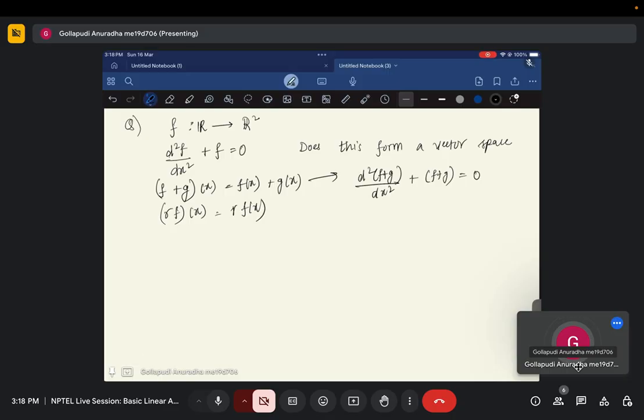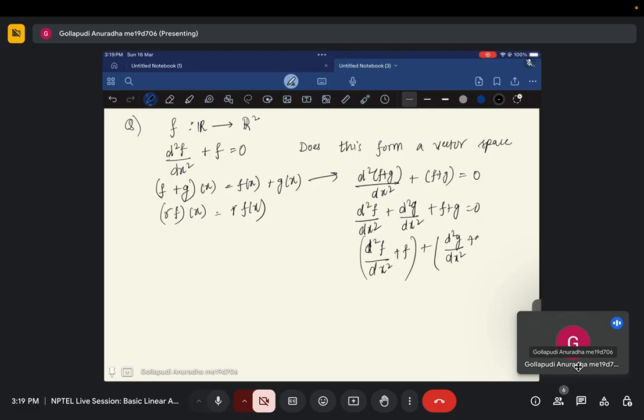is equal to 0. So you can write it as d square f by dx square plus d square g by dx square plus f plus g is equal to 0, and d square f by dx square plus f plus d square g by dx square plus g is equal to 0.